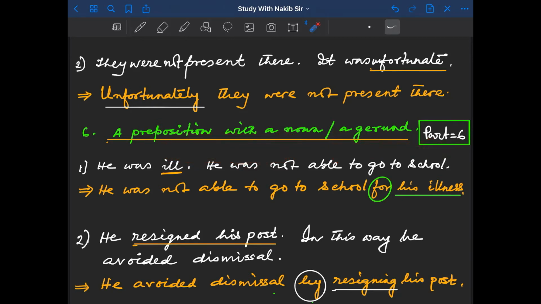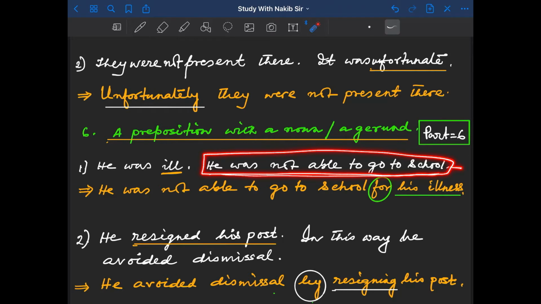Okay, so now come and see how you can use a gerund or a noun with a preposition to combine two sentences into a simple sentence. Now the sentence: he was ill. See the sentence: he was ill, he was not able to go to school. This is the effect, and we always work first with the effect.